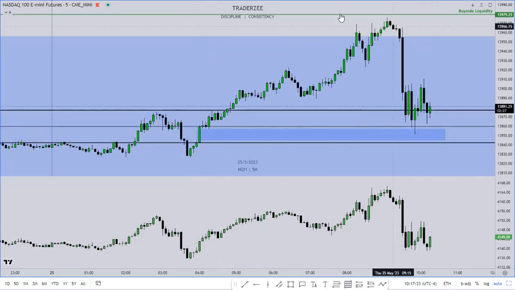Also, we have a potential SMT. Also, we have buy side liquidity more prominent in NQ than ES. Also, on the daily chart, NQ has clearly shown that it wants to go higher. It's the stronger one.